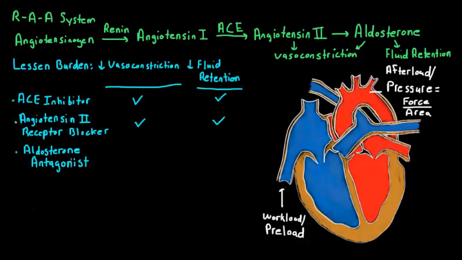So it's basically just like a dummy molecule that gets in the way and binds to that site, so it keeps aldosterone from binding, but it doesn't cause any changes. Right? So if we have an aldosterone antagonist in the blood, we're going to be able to minimize vasoconstriction, and we're going to be able to decrease fluid retention, which is going to help all around the board.